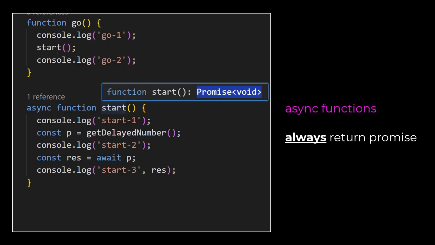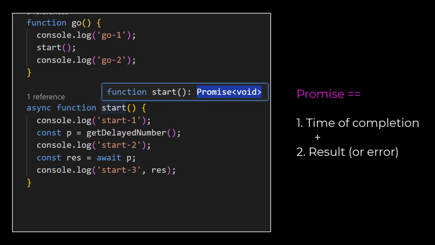But what is this promise? In other words, we know that a promise represents two things, a time of completion and a result. So what is the time of completion here, and what is the result of the promise that the compiler builds? As you can probably guess by now, the promise we receive here is the promise returned from the then method that the compiler builds under the hood.